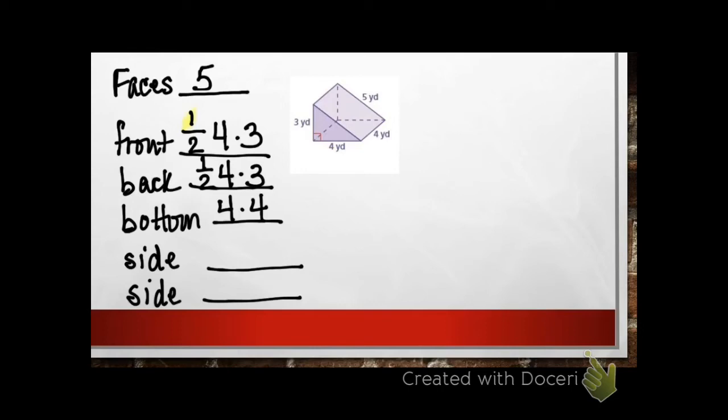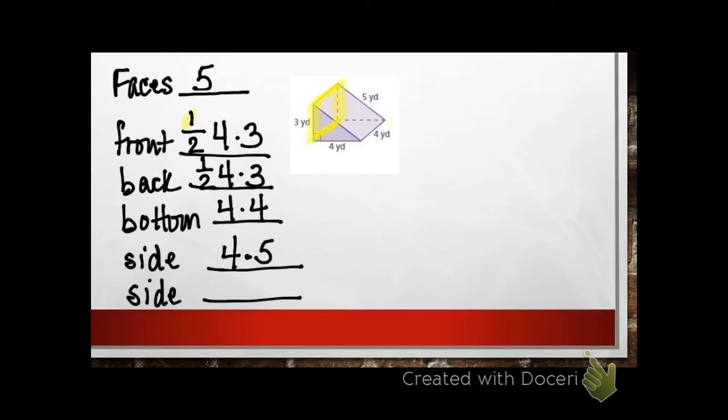All right, now let's do this long side. Let's find the area of that. So our numbers are 4 times 5. And the only thing we have left to do now is our last little side back here.